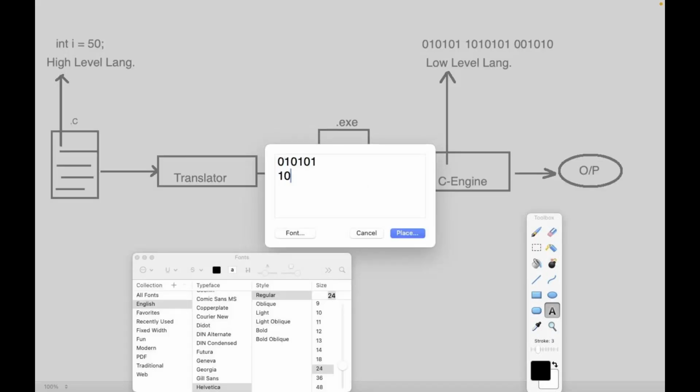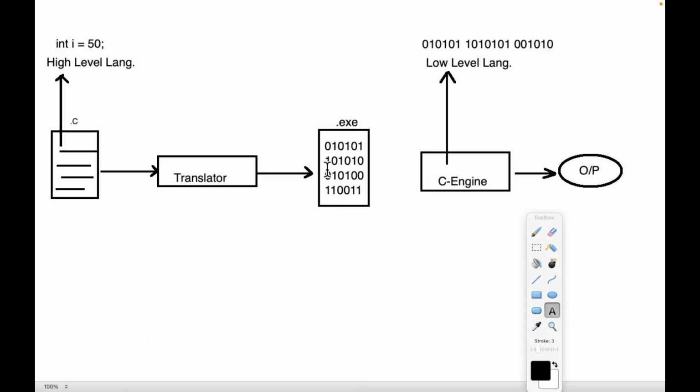.exe contains low level code only. It does not have high level code; it is directly executable code. .exe means executable code. This is purely low level code.